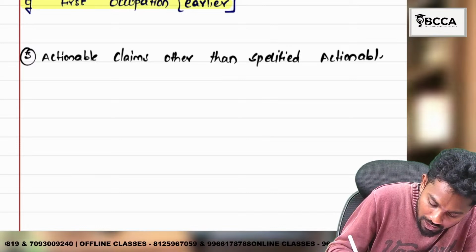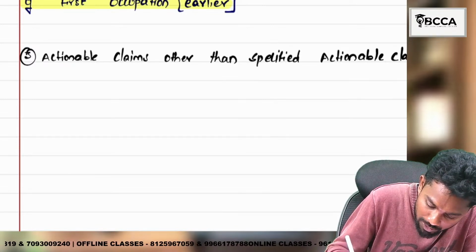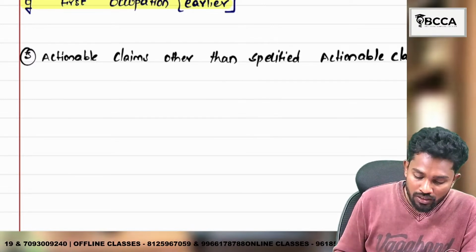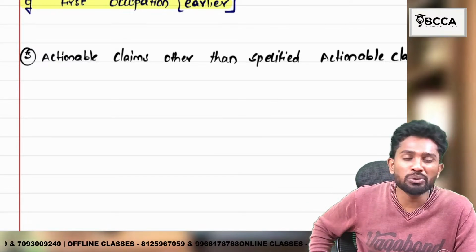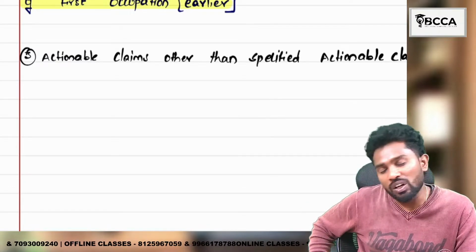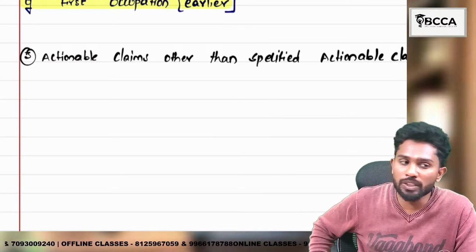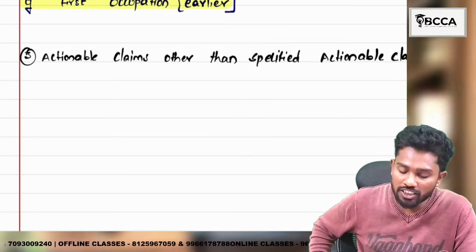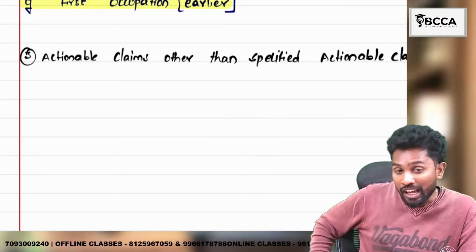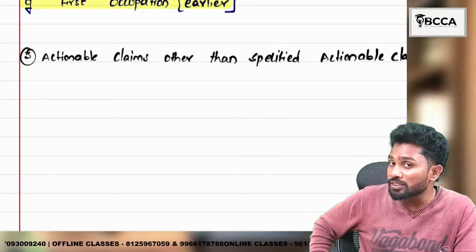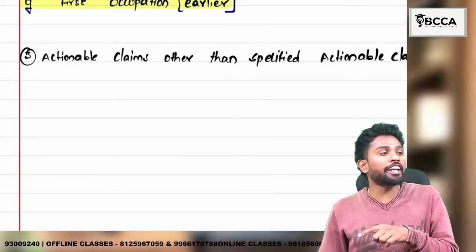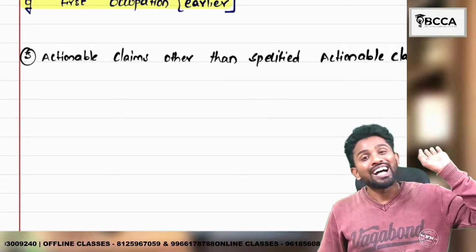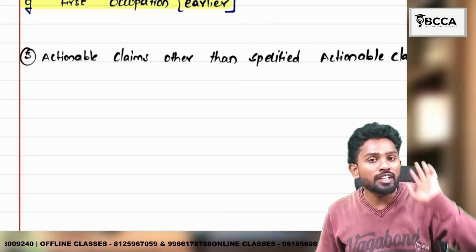Now, I already said it's a claim to any debt. Examples are lottery ticket, bills of exchange, promissory note, check, demand draft; all these are actionable claims. But actionable claims are covered under the negative list. Specified actionable claims are not covered. I mean, if it is a specified actionable claim, it is a supply only. Other than specified actionable claims, it is not a supply.